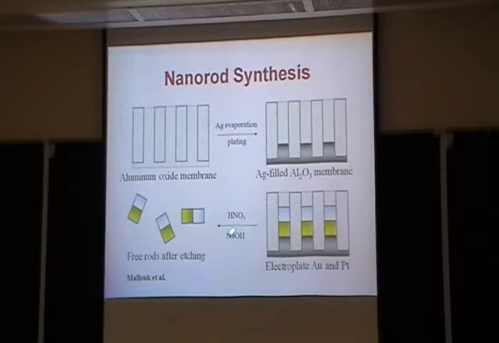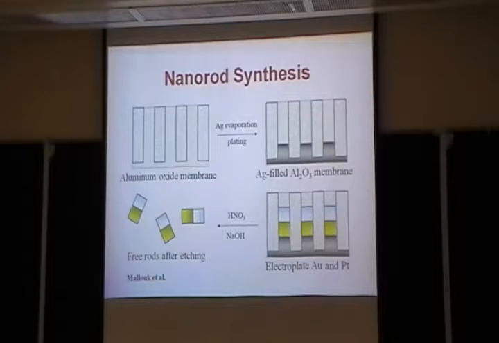And then typically you come in with an acid to dissolve away your silver. Gold and platinum are acid resistant. And then you come in with a base, and the base dissolves the alumina. And so in one afternoon you can make millions of these things. Not hard at all.